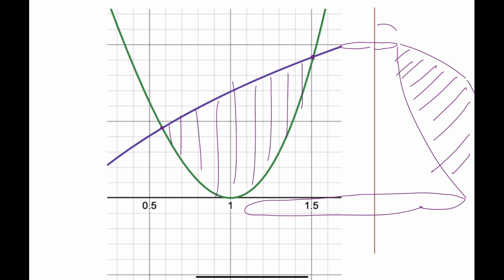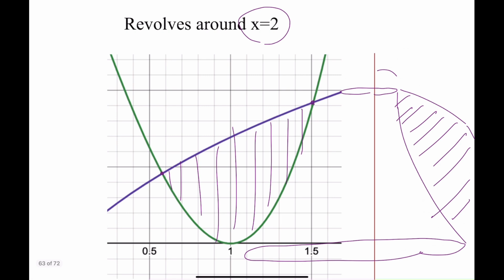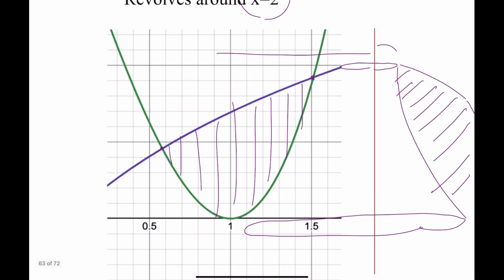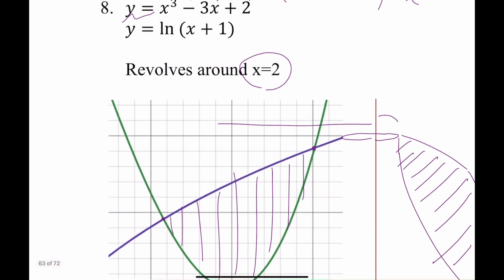Since the functions are to the left of the line of revolution, we're going to say 2 minus x, and this is going to be our radius. Our height is going to be the purple function minus the green function.